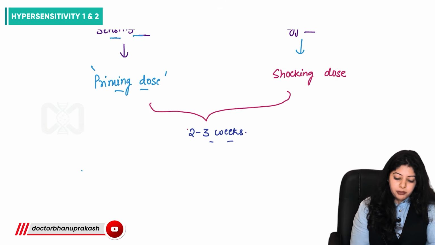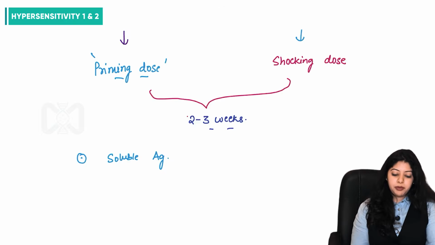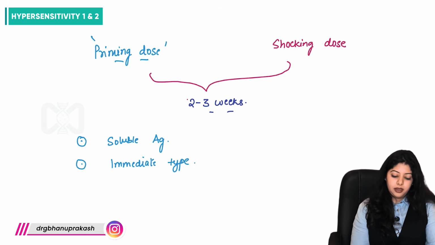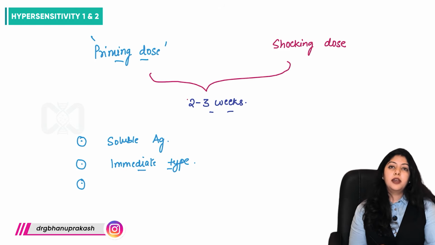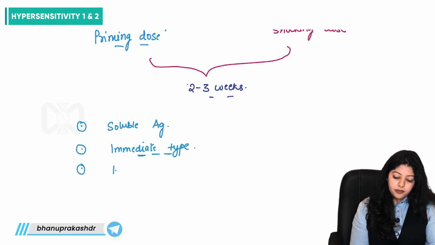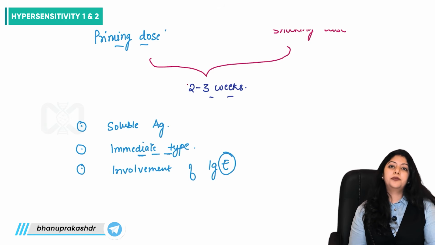Few important points about the reactions. Firstly, we have the soluble antigen. The type of hypersensitivity is the immediate type. Third, there is involvement of IgE immunoglobulin.